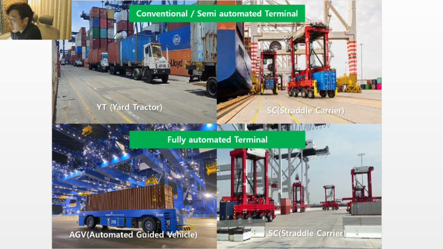You can see the driver's cabin here, small cabins we have here. But in the case of this one, we have no cabin. That means these straddle carriers are moving without human intervention. The moving sequence or moving logic is also pre-planned in the terminal operating system.